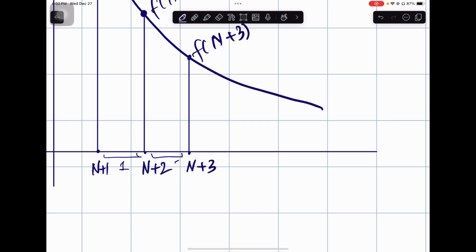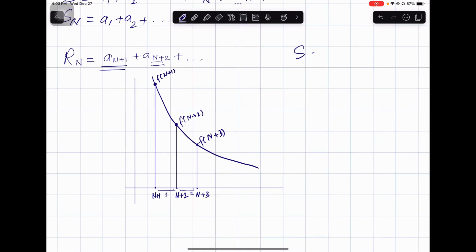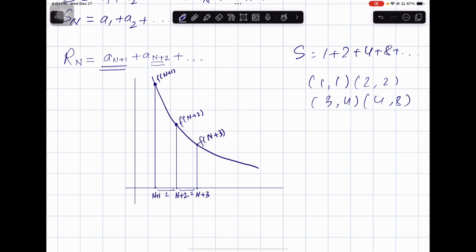The distance between this is also 1 unit, because as I showed you previously, if this were the series we were concerned with, this is how I'd graph it, right? 3 comma 4 and 4 comma 8. You see the points on the x-axis increase by only 1 unit. Therefore, the difference between them is 1 unit.